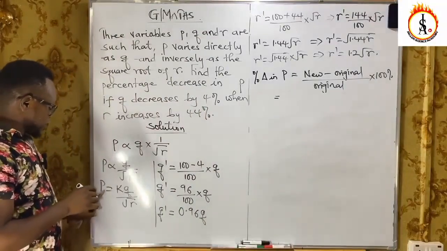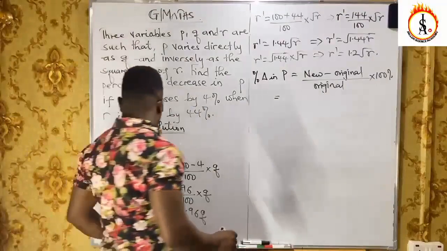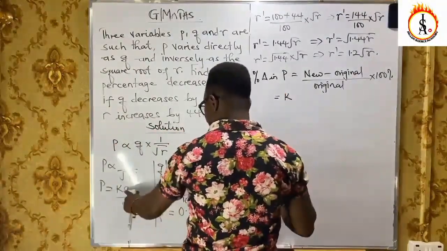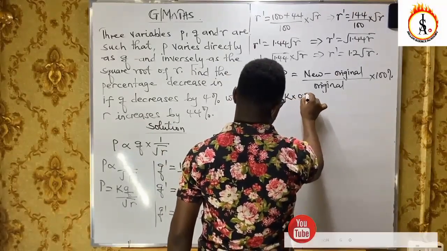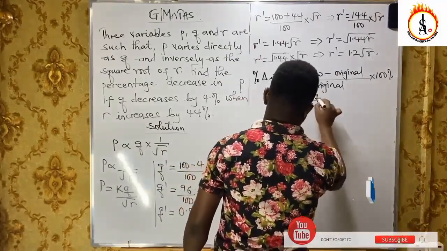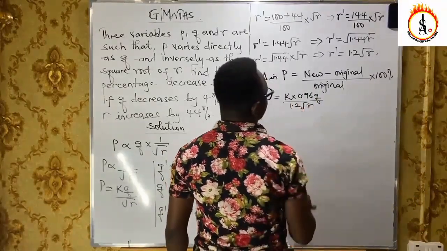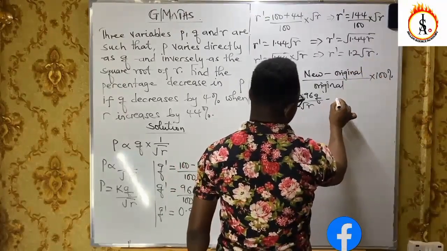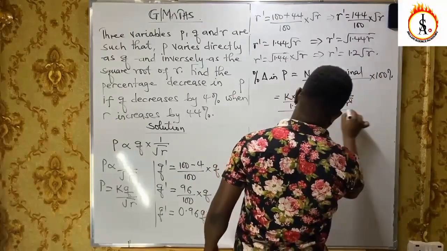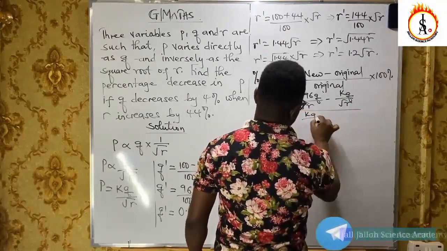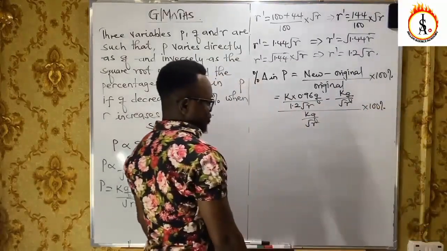We have the expression to be P is equal to KQ upon square root of R. So now we can write K, but the new value for Q, which is Q prime, we have it to be 0.96Q all over root R. The new expression for it is 1.2 root of R here minus the original, that is KQ upon square root of R all over KQ upon square root of R multiplied by 100%.